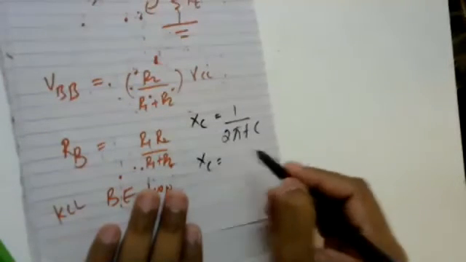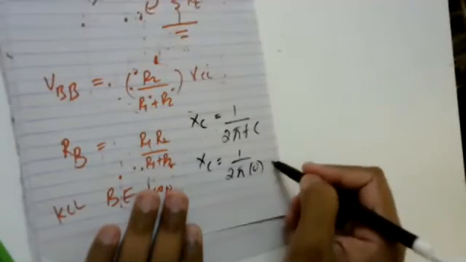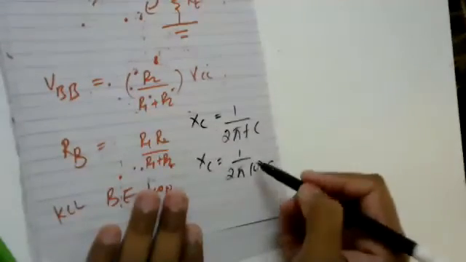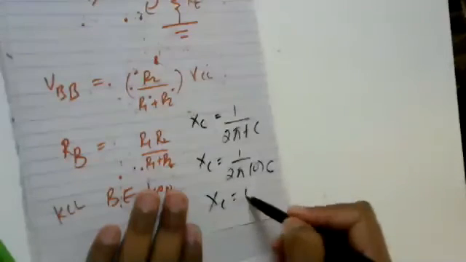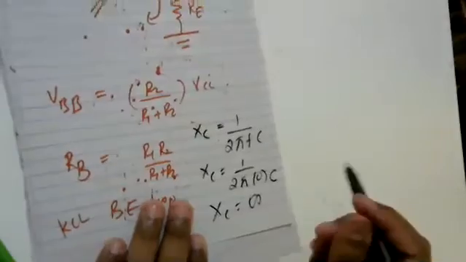So XC equals 1 over 2 pi times 0 times the capacitance. Since there is 0 in the denominator, the reactance offered by the capacitance is infinite. Infinite in my electronic circuit simply means this is an open circuit.